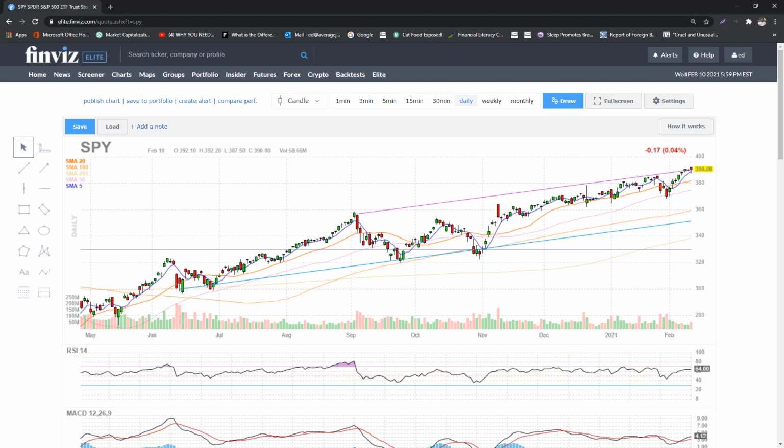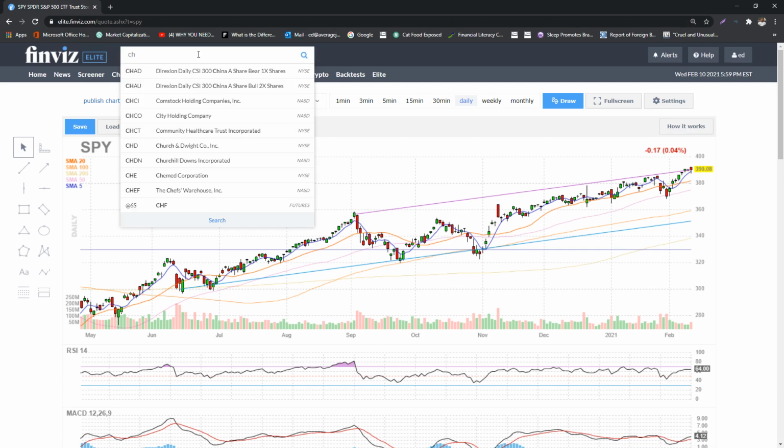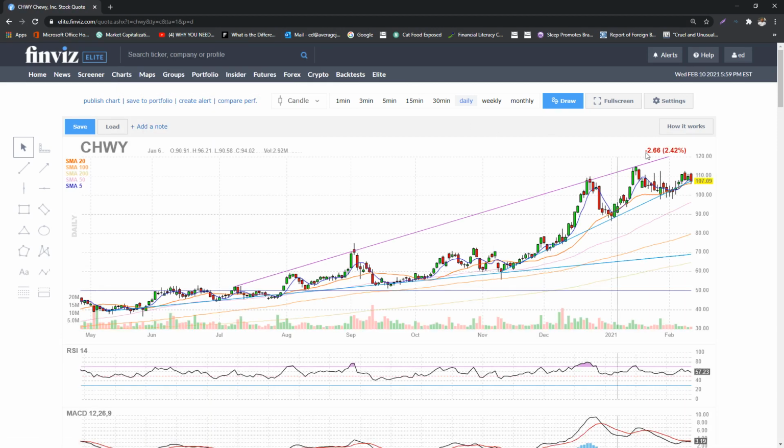Today was just not the best of days. Let's look at what it looks like today. My stop on this is 105. Didn't quite get there today. It got to 105.76, but it'll be 105 again tomorrow.